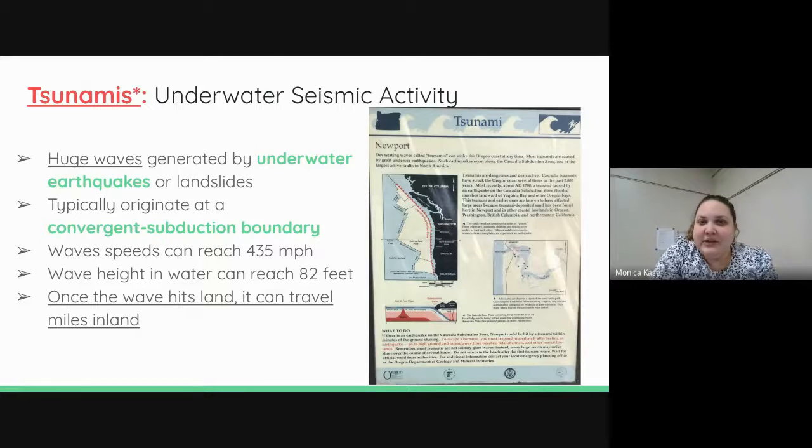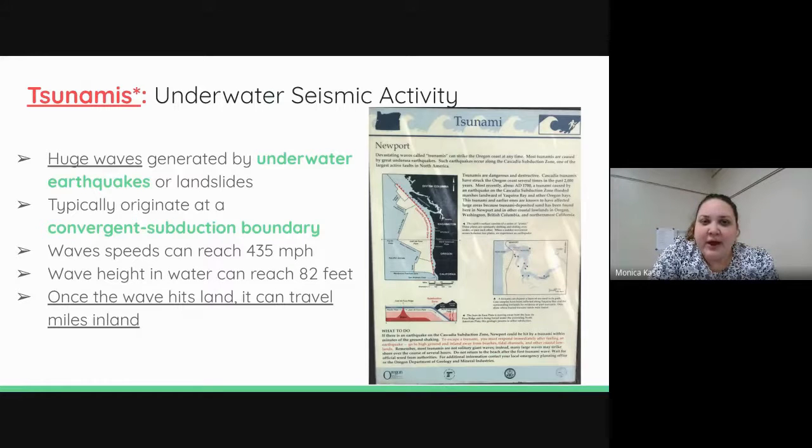All right, and the height of these waves can reach up to 82 feet. Once that wave hits that land, it can travel for miles inland. That asterisk that's there is a great video for you to watch to give you a little bit more understanding. It gives you a good depiction of what is actually happening in that underwater earthquake, how that happens, why it's happening, and what happens once it reaches the land.